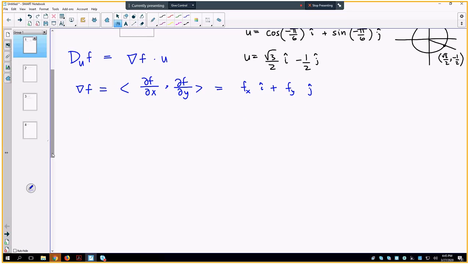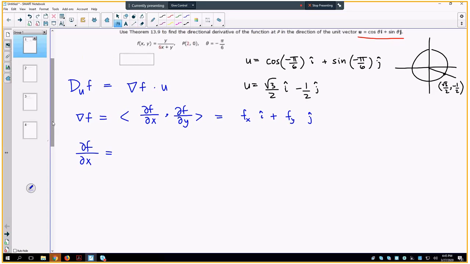The partial with respect to x. Now remember, I'm going to treat y as a constant. So basically we've got a constant on top, and on the bottom we have 6x plus y. So I would like to think of this as y, a constant, times 6x plus y to the minus 1, and just use the power rule.